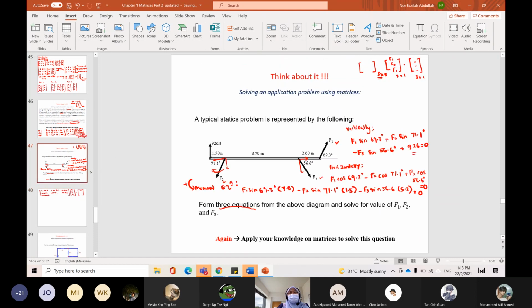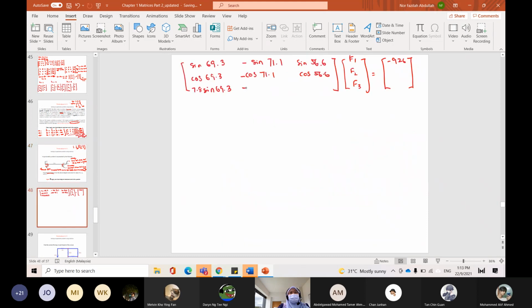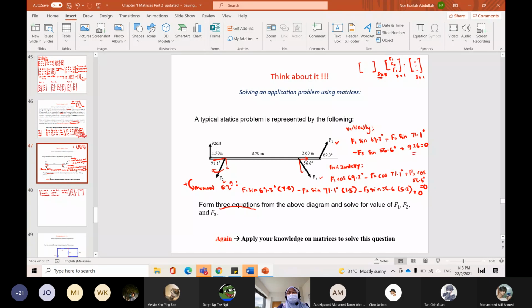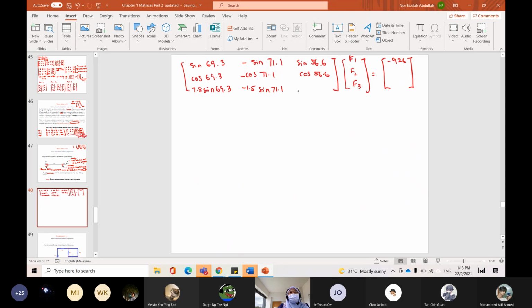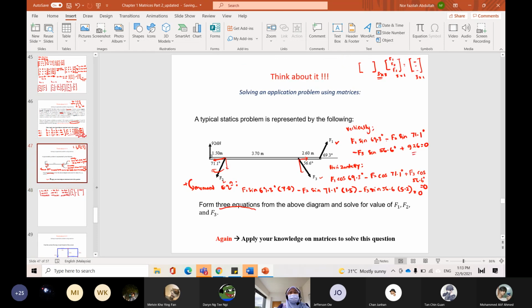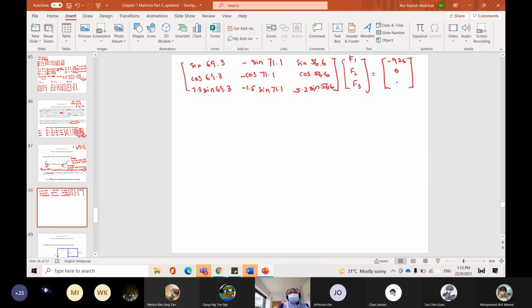And then we have 1.5, and the last one we have negative 5.2, right? So equal to 0.